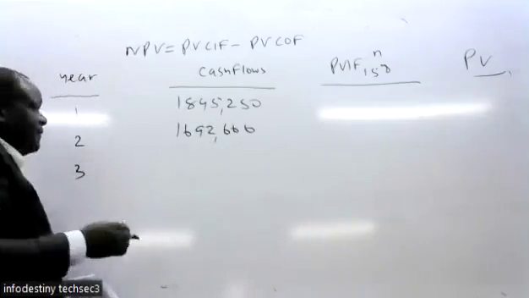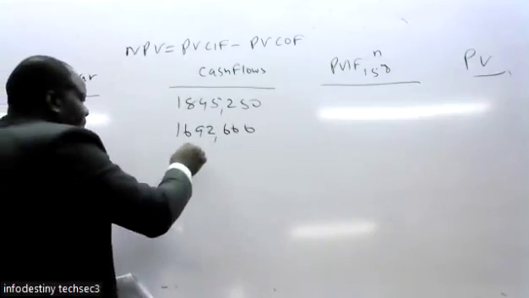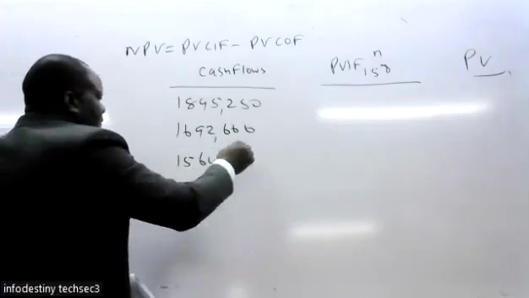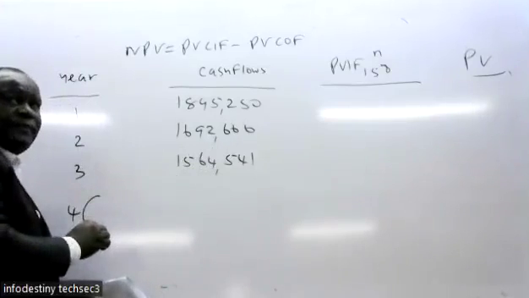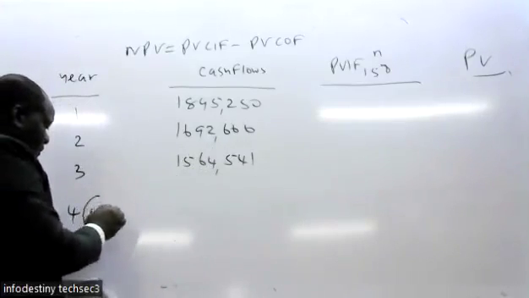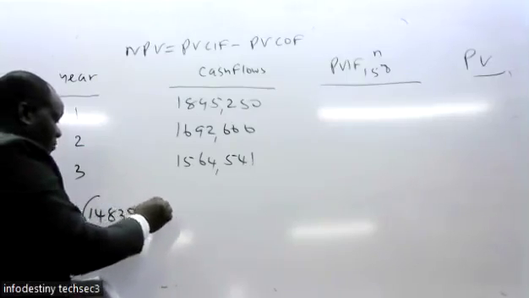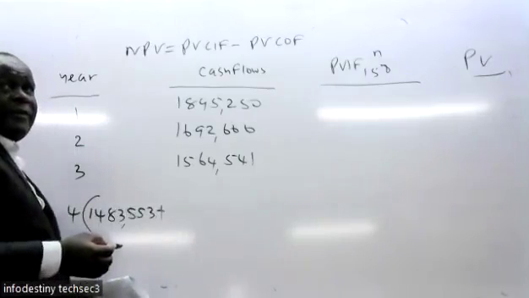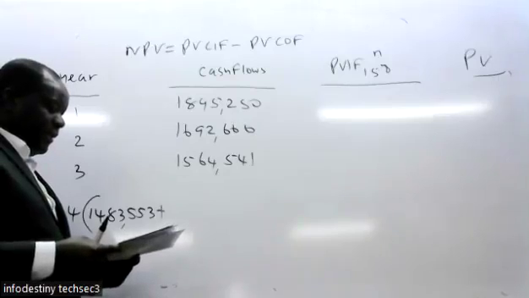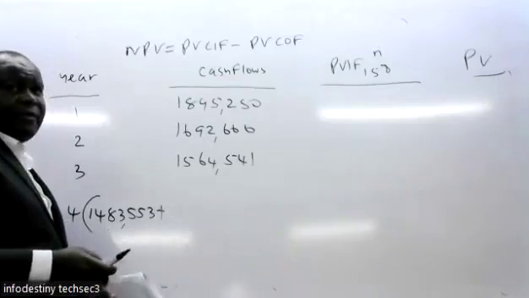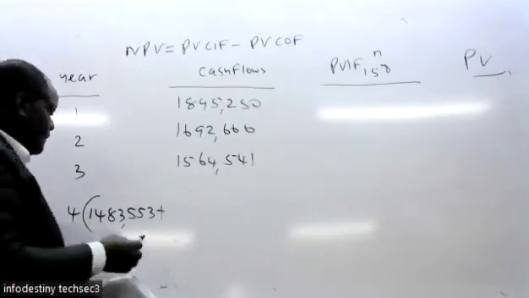Year 3, 1,564. Year 4, 1,483. Then we add, remember the terminal benefit. We calculated in the Roman letter 3 the total terminal cash flows. It was how much? 1140.